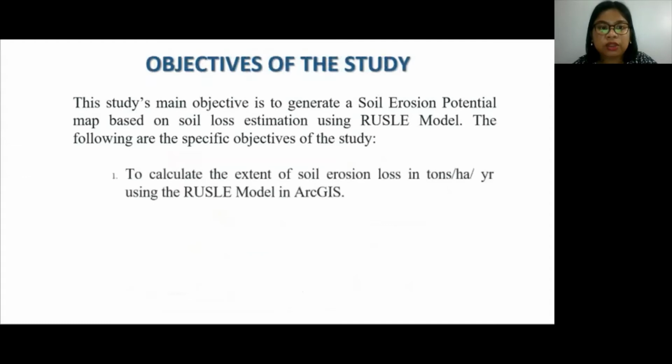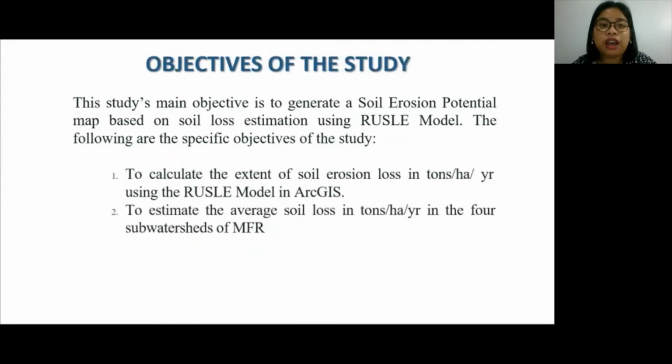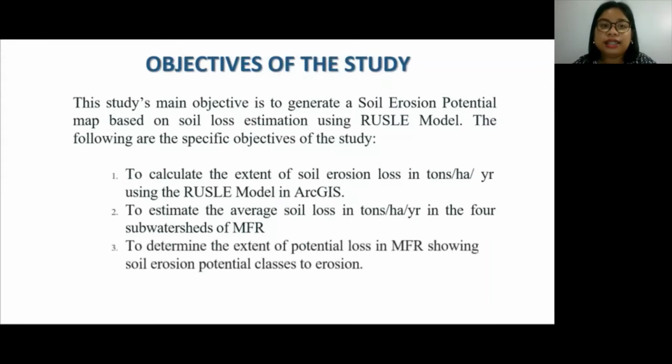Number one is to calculate the extent of soil erosion loss in tons per hectare per year using the RUSLE model in ArcGIS; second, to estimate the average soil loss in tons per hectare per year in the four sub-watersheds of the MMFR; and lastly, to determine the extent of potential loss in MMFR, showing the soil erosion potential classes.